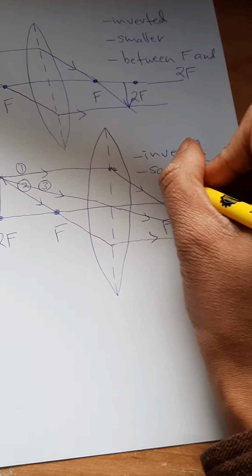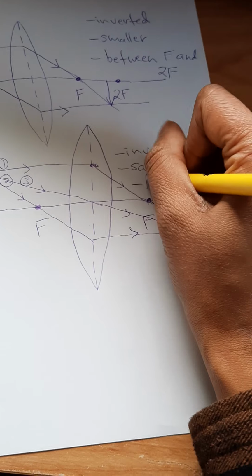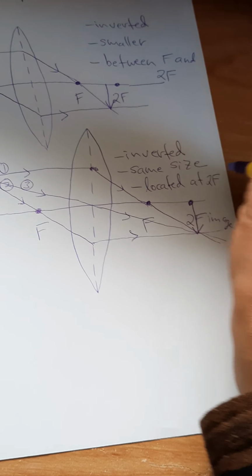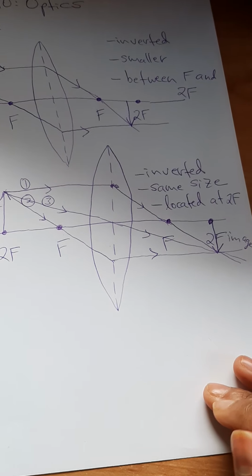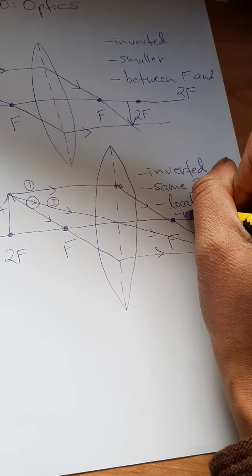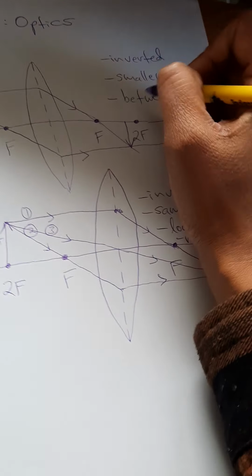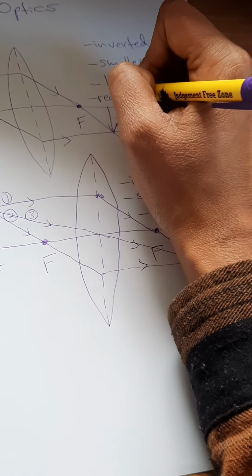And we can also put it is located at 2F on the opposite side. This is a real image that is forming, and you can add in a real image here as well.